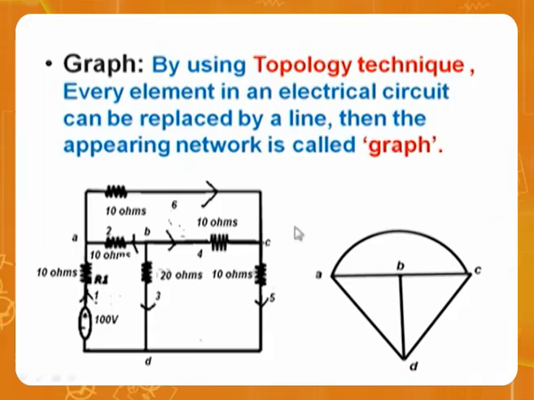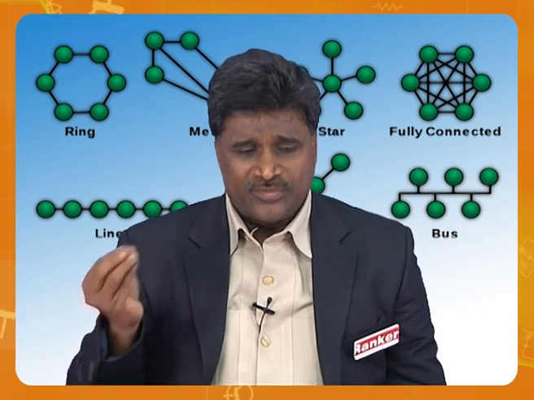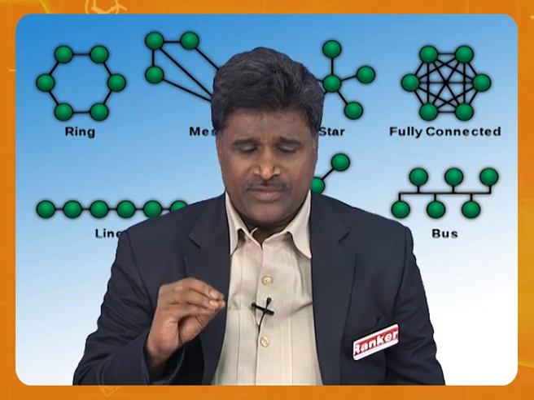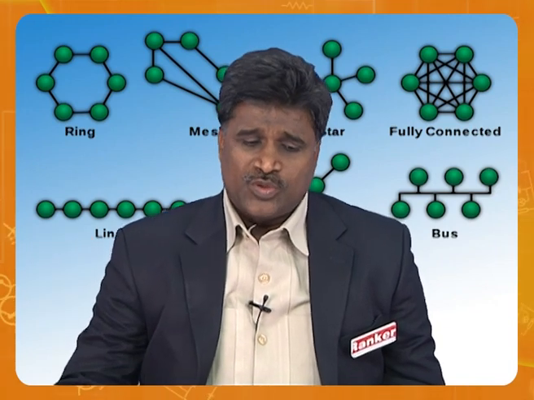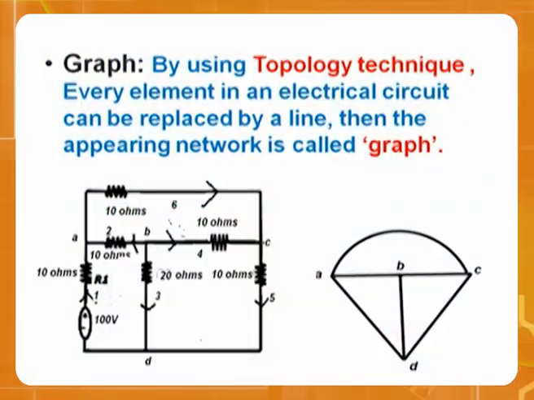For example, if you see this network, please understand I am taking only one problem to illustrate the total subject. In all concepts I start and end with this one only. So let's take one circuit having 4 nodes A, B, C, D. These are the 4 nodes that we have. And we have 6 elements here.